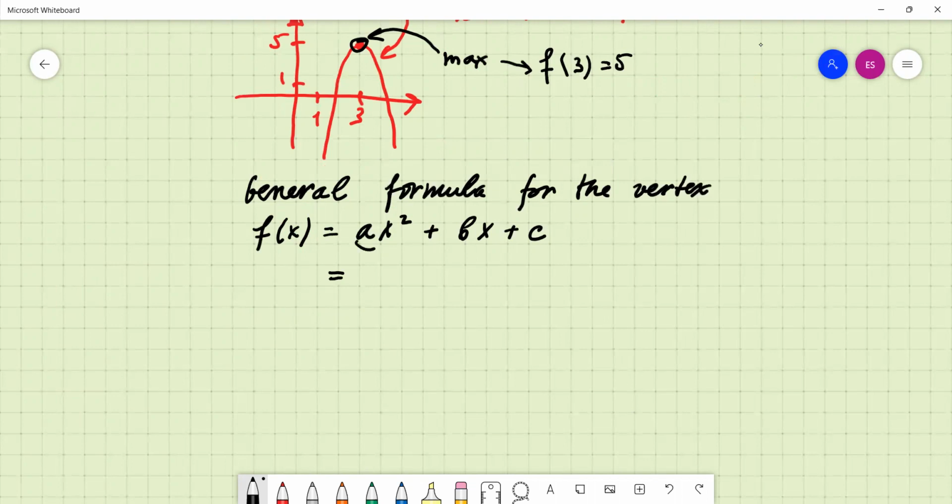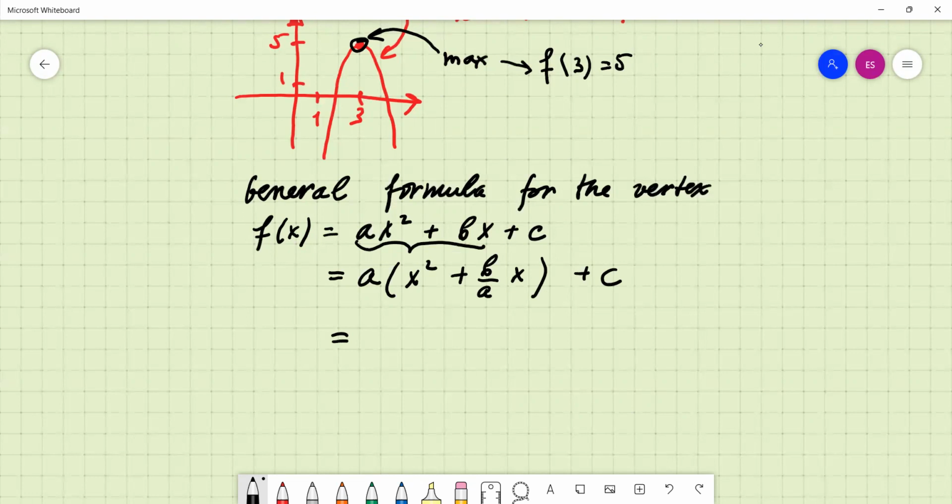So I'm going to consider these first two terms and take a outside of parentheses from both of them. From the first one, I'm going to have x squared leftover. From the second one, because I don't know if there is an a inside of this b, I'm just going to divide b by a. And if I multiply back a by x squared, it's going to give me ax squared, and a by b over a will cancel and give me bx.